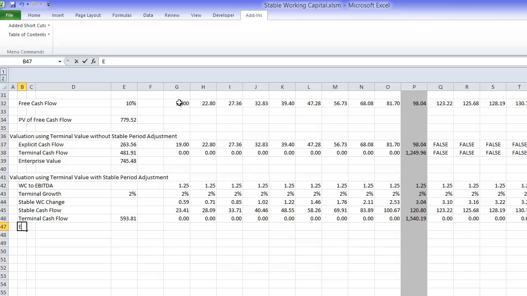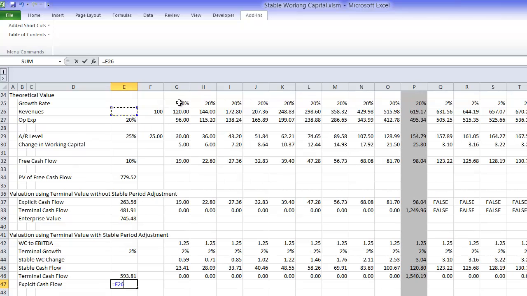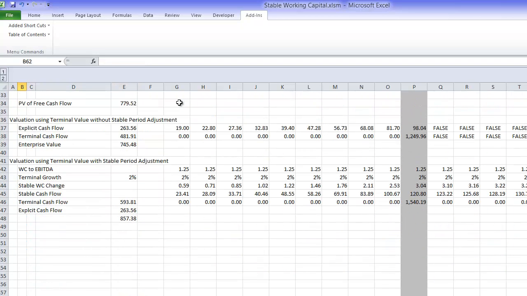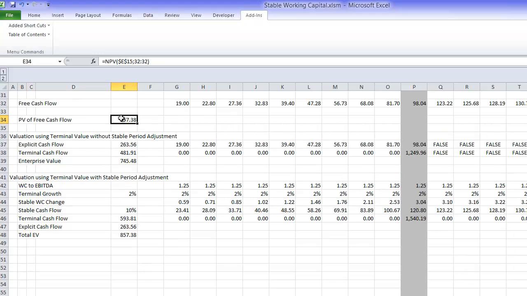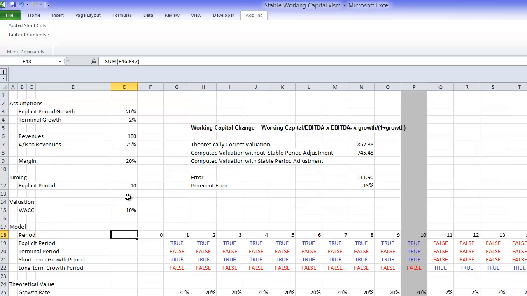And our explicit cash flow is valued up here. There is the explicit cash flow here, so our total is down here. I had a problem with this one. I put the NPV discount right here. That was so silly, but now we get exactly the same thing.